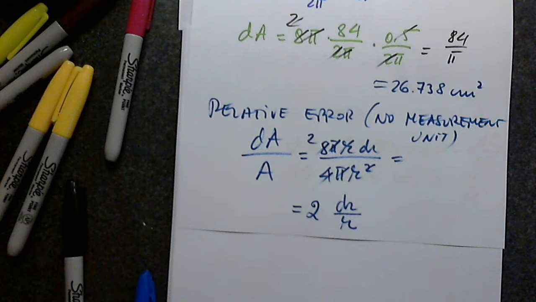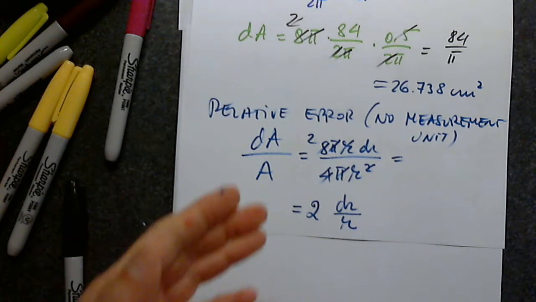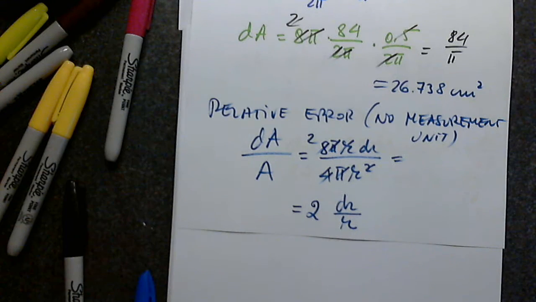So what does this mean? The relative error in the area produced by a minor error in the circumference of 0.5 centimeters is twice the relative error created by the same thing in what? In the radius. So that's why I wanted to show you the formulas before plugging in numbers.